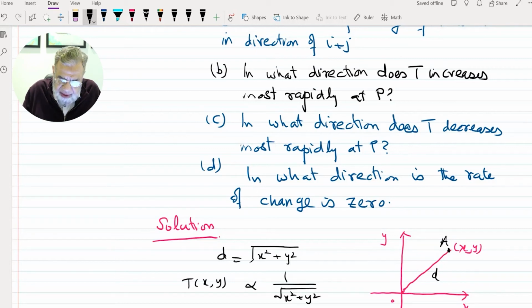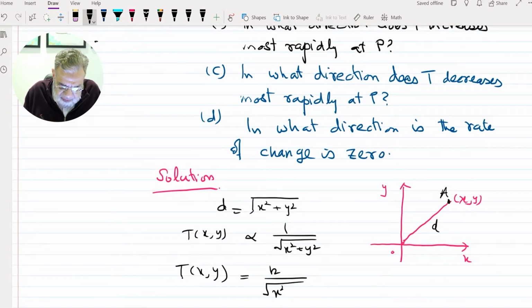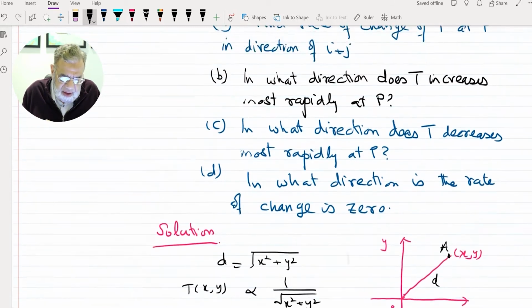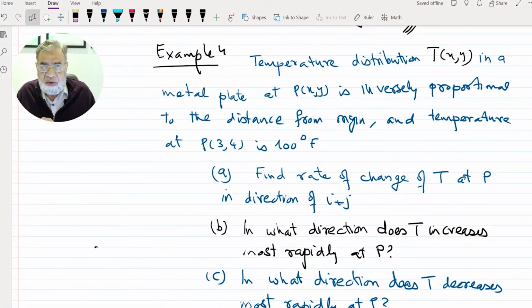So here I introduce the constant of proportionality and write an equation. T(x, y) is equal to k over the root of x squared plus y squared. We're given the information that our temperature at the point P(3, 4) is equal to 100 degrees Fahrenheit.